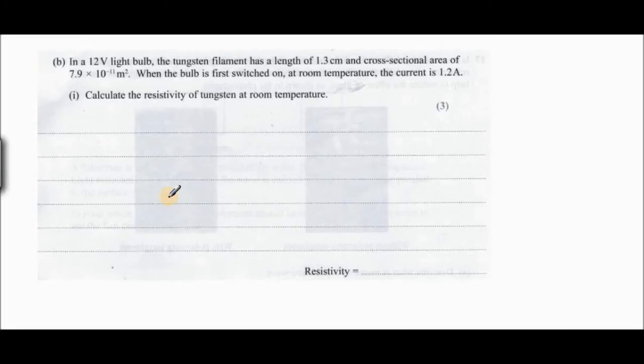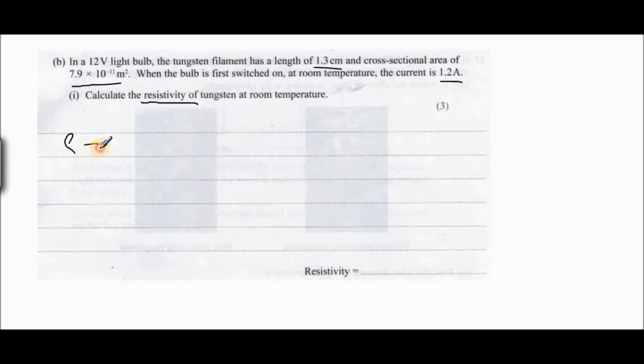Okay, so in a 12-volt light bulb, the tungsten filament has a length of 1.3 centimeter and cross-sectional area of 7.9 × 10^-11 m². When the light bulb is first switched on at room temperature, the current is 1.2 ampere. Calculate the resistivity. We have the current, length, and of course area, so we have a straightforward formula.